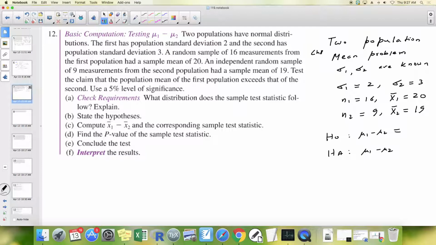That means, is mu1 minus mu2 positive or not? Testing the claim that the population mean of the first population exceeds that of the second means mu1 minus mu2 is bigger than 0. So H0 will be mu1 minus mu2 is 0. Okay. Your step 2 shall be the test statistic.